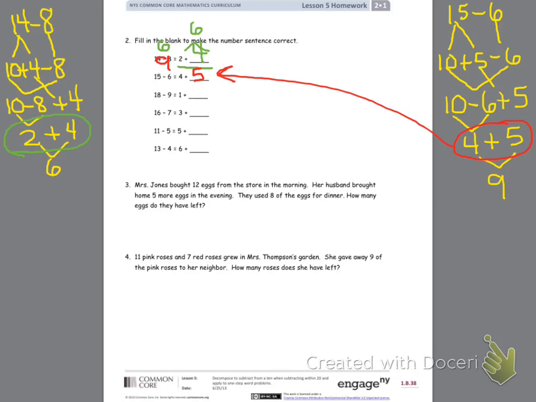Mrs. Jones bought 12 eggs from the store in the morning. Her husband brought home 5 more eggs in the evening, and they used 8 of the eggs for dinner. How many eggs do they have left? So I like to circle the question to make sure that I answer the question.